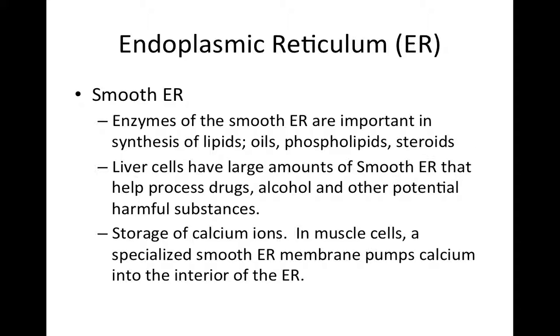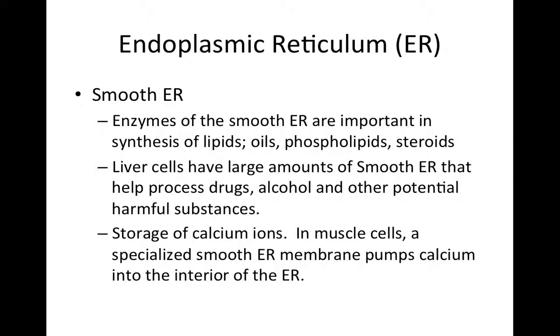And there's the storage of calcium ions, for example, in muscle cells. In muscle cells, there's a specialized smooth endoplasmic reticulum membrane pump that pumps calcium into the interior, the empty space of the endoplasmic reticulum.